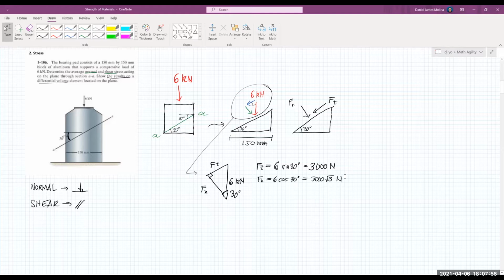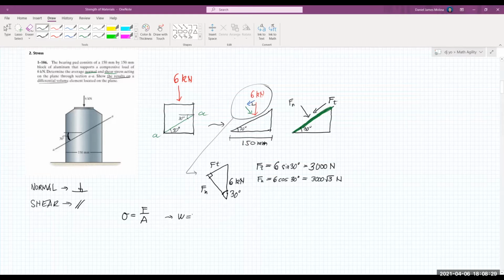Okay, then after solving for the forces, of course, we will go back to the simplest formula of stress, which is the force divided by the area. Okay, so we already have the force, so we must solve first for the area. So for the area of the plane, we have this inclined length, and then we have the 150 millimeter width.